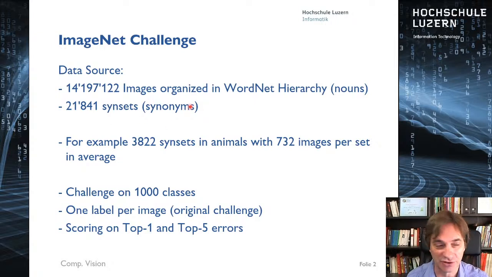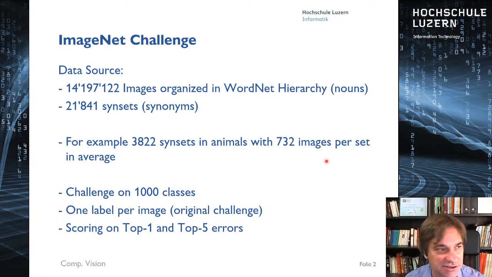If there are two words for the same thing, they will be put together and then only counted as one class. So for example, there are over 3,800 different syn sets with animals here.